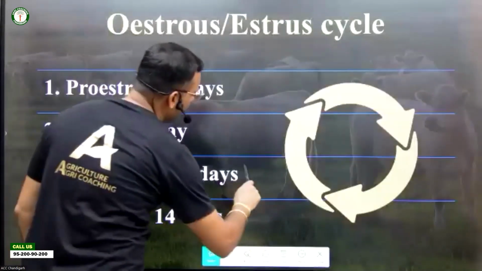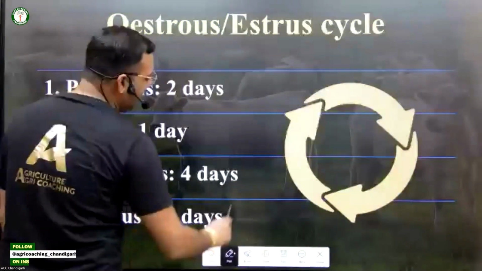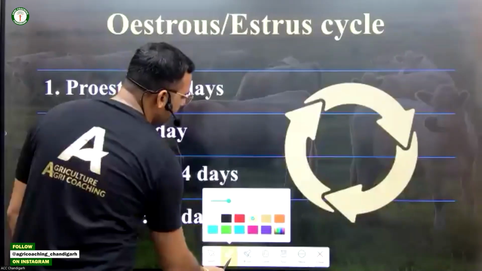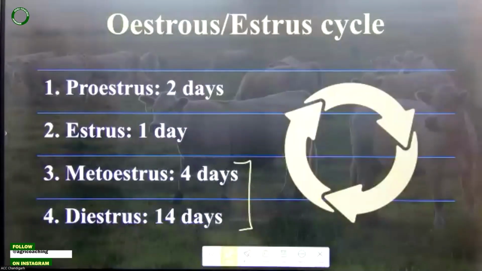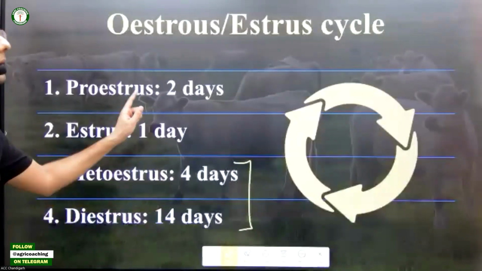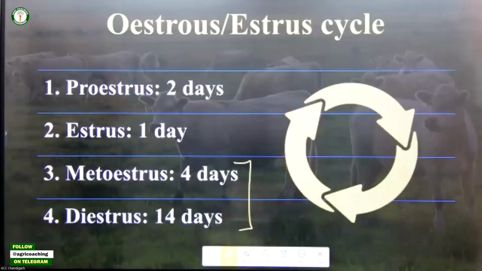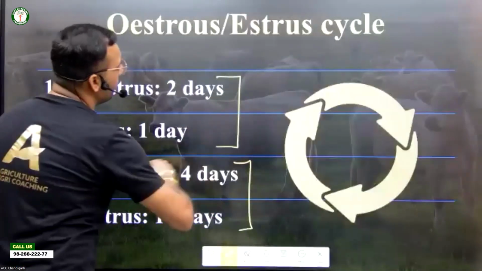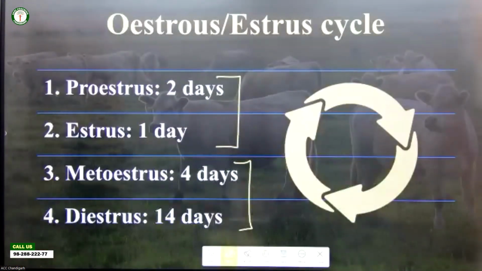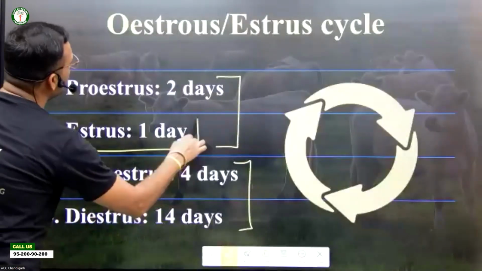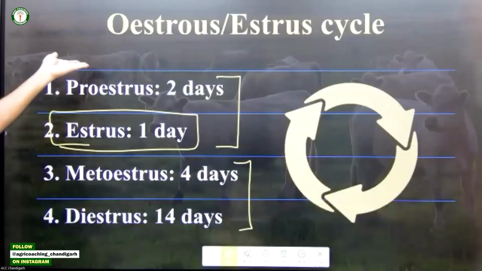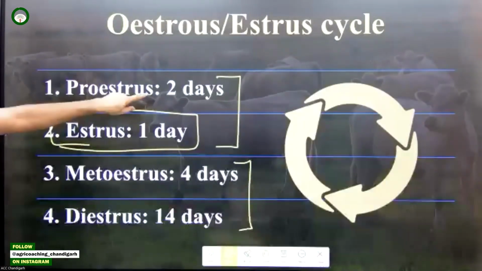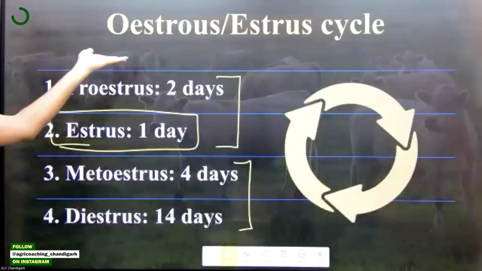As I said, almost 18 days is the duration of the luteal phase. So these 2 stages are in the luteal phase and will be controlled by progesterone, and these 2 stages come under the follicular phase and will be controlled by estrogen. And already you guys told me that the reason for heat in a cow is estrogen. So here estrogen will start increasing, and at the end of this stage, estrogen will be at its highest quantity.